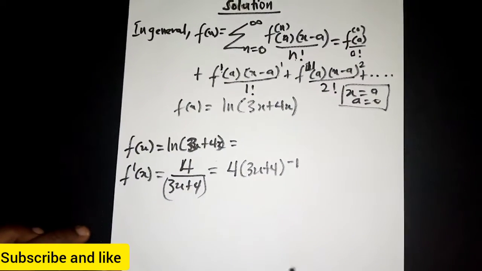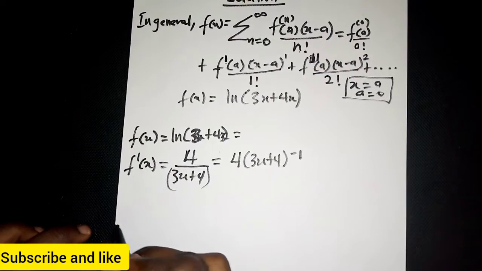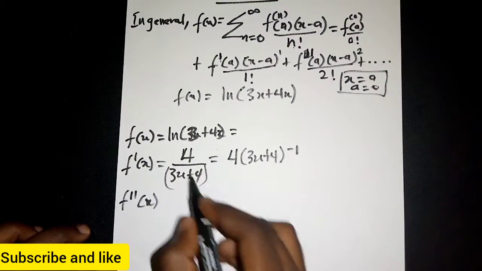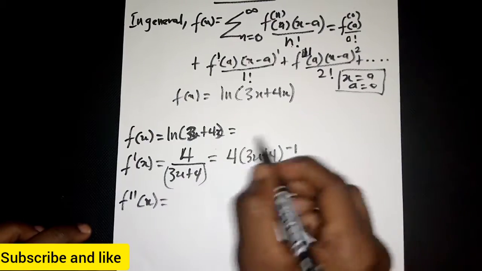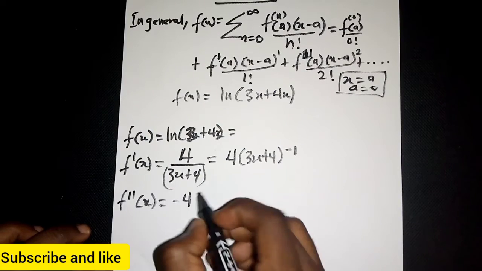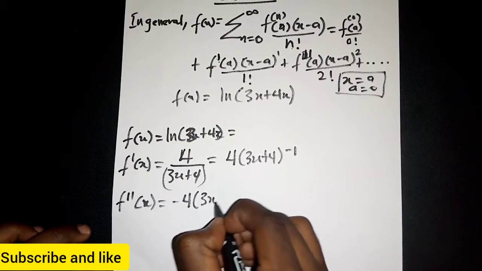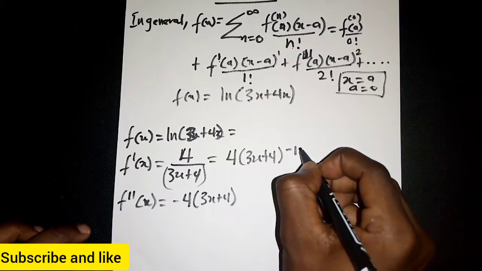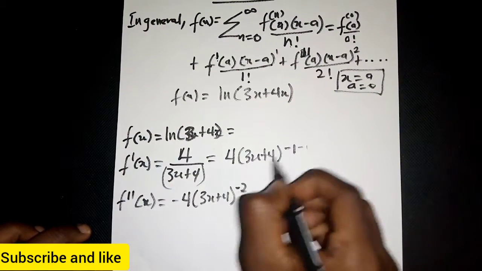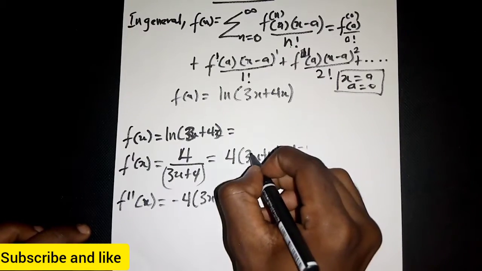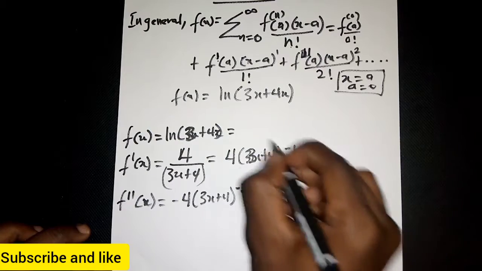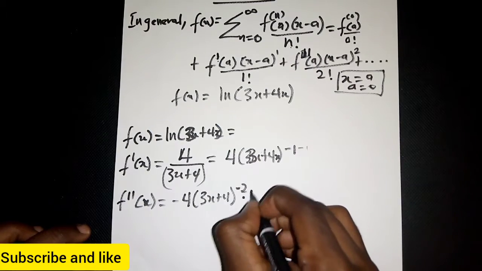Okay, so let's move on to the next one. Now we do the second differential. We drop the negative 1, so we have negative 4, then 3x plus 4 with the power reduced by 1, which is negative 2. Then we differentiate what is inside, 3 plus 4x, which gives multiplied by 4.